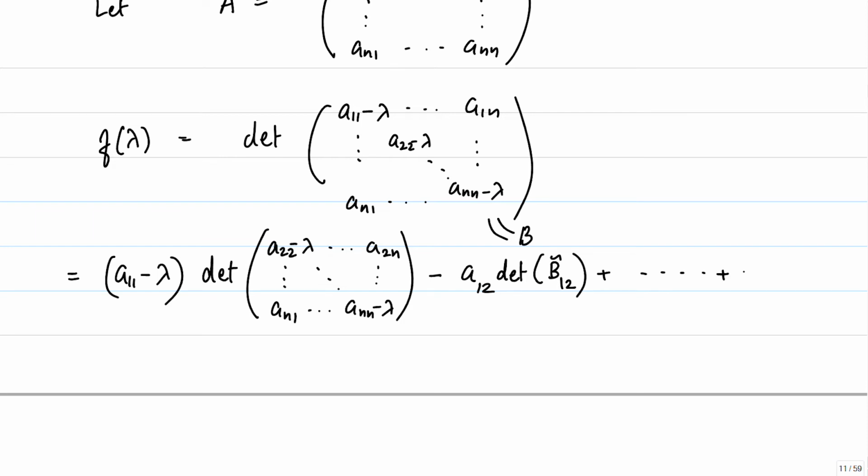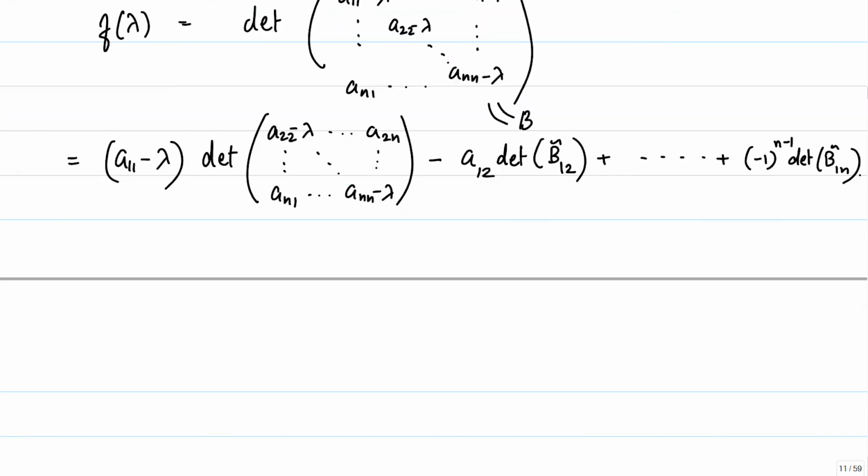Okay, let me write down the final term. This is just minus 1 to the power n plus 1 times the determinant of b1n tilde. Alright, so this is the cofactor expansion of the determinant of B, where B is the matrix A minus lambda.